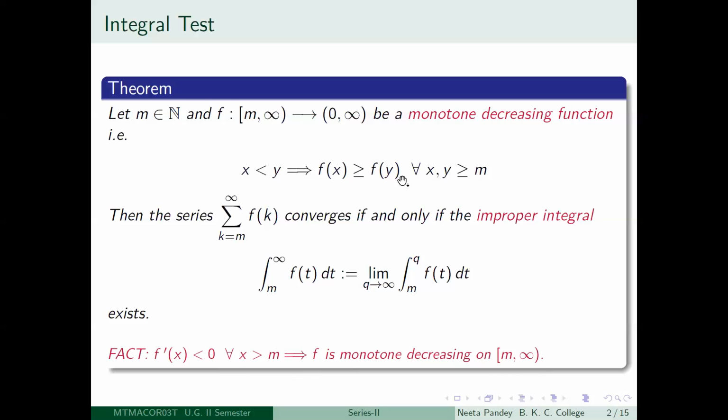So this thing is completely determined by the derivative of the function, if the derivative exists. Okay, so whatever examples we look at, the choice of our function will be such that its derivative will exist, so we will not have problems. But in general, if you don't have such a thing, then you have to check this algebraically.